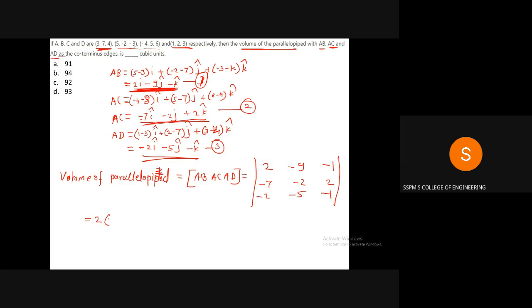It is given by this: 2 into, so minus 2 minus 1 it is 2, minus minus 5 into 2 it is minus 10, that is plus 10.